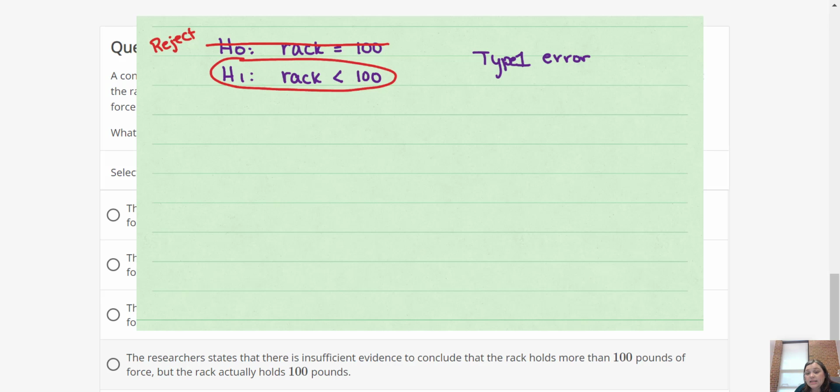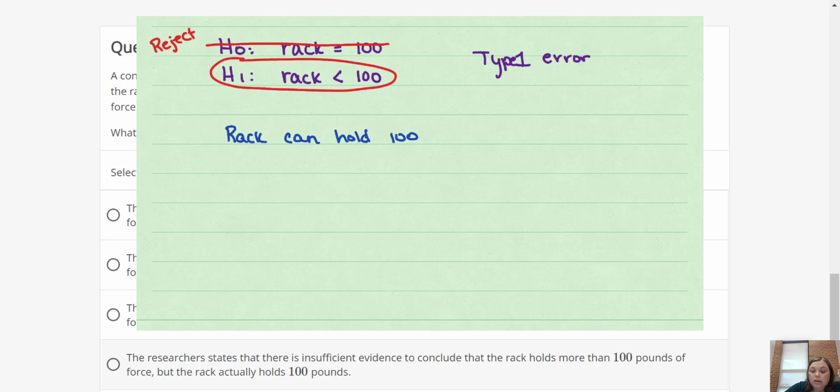But in this case, that's a mistake because it's an error, a type 1 error. So that means that the rack can hold 100. We make the decision that it can hold less than 100, but that was the wrong decision. We should not have rejected the null. The rack actually can hold 100.